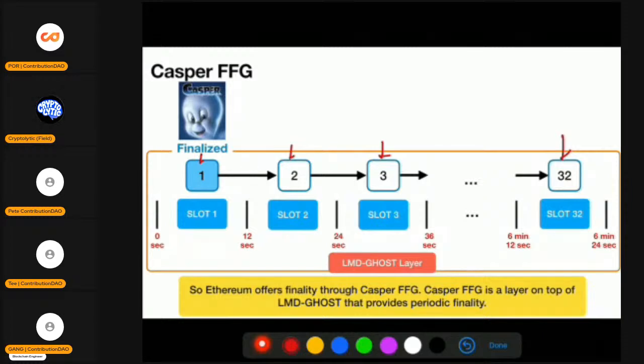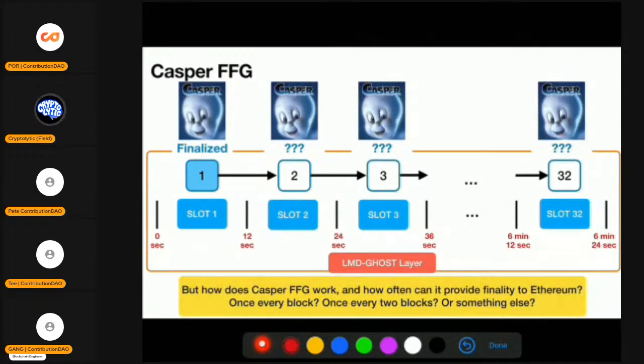But there is a question: how often does Casper have to finalize a slot? Do we have to finalize a block every one slot, every 2 slots, every 10 slots, or whatever number? How often should it finalize a block?